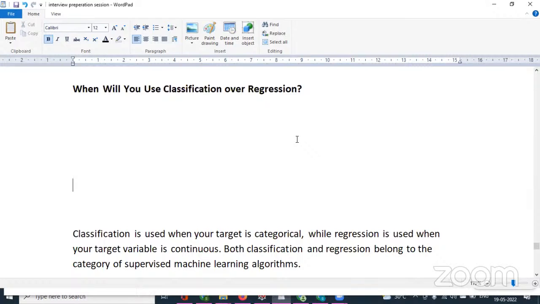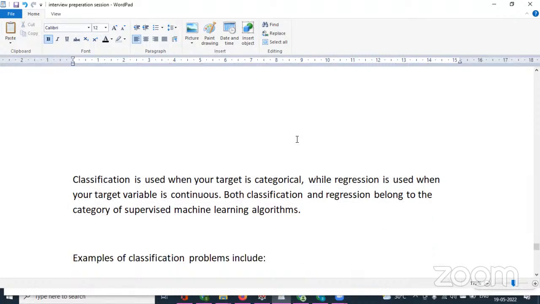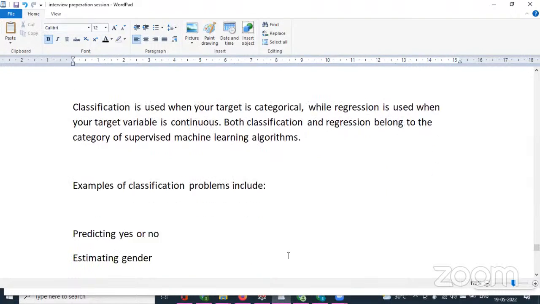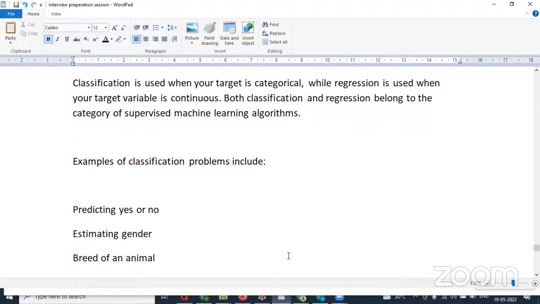Classification is used when your target is categorical, while regression is used when your target variable is continuous. Both techniques belong to the category of supervised machine learning algorithms.